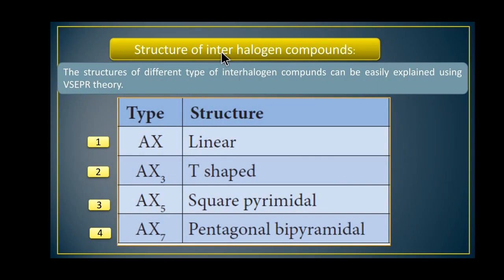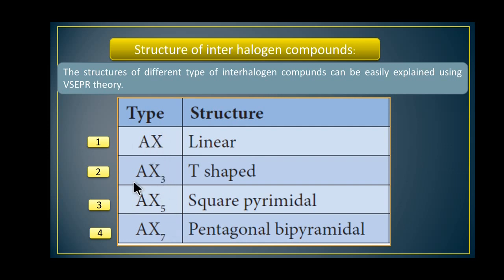Next one, the structure of interhalogen compounds. Next we are going to discuss the structure of interhalogen compounds. The structure of different types of interhalogen compounds can be easily explained by using VSEPR theory. We already discussed the types AB, AB3, AB5 and AB7, so the general term is AXn.